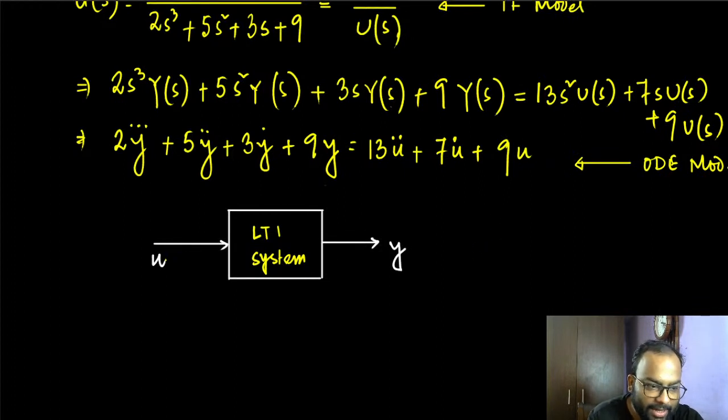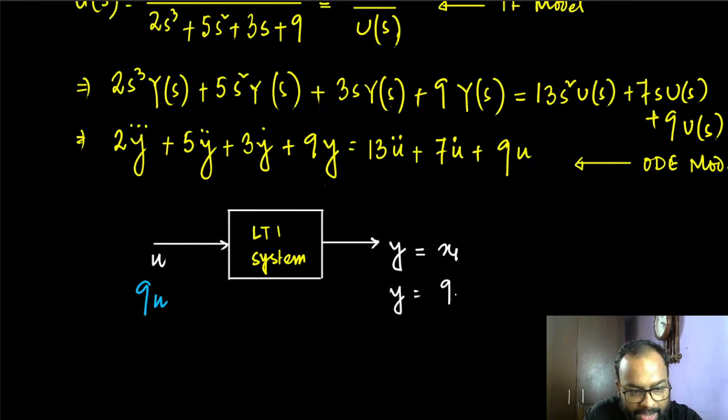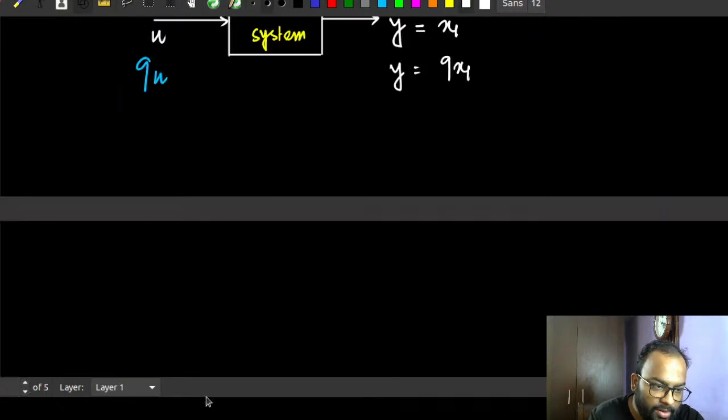Try to understand. If the input is u, the output was y, not a problem. If the input is 9u, I know the output is, so output was y and this was just x1, right? And now if the input is 9u, I know the output is just going to be 9x1 because that is how linearity works, right?